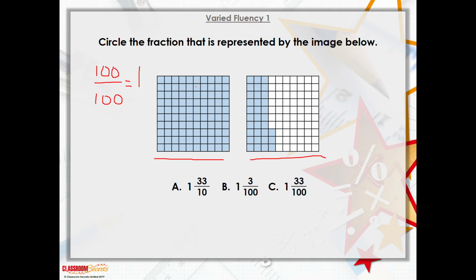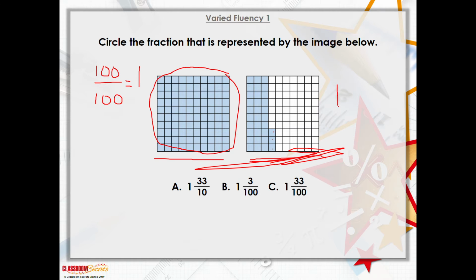And notice all of this 100 square has been shaded in, so I know it's one whole number. However, I want to work out how many hundredths have been shaded in to this square just here. I'm going to count 10, 20, 30, 31, 32, 33.